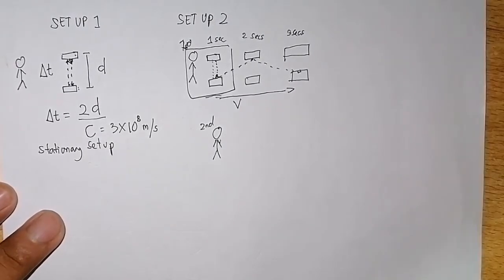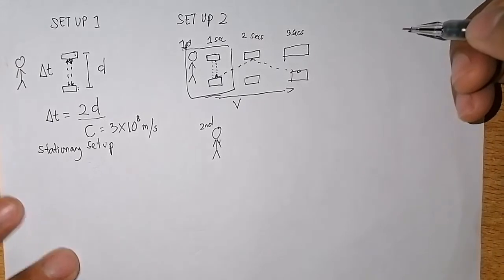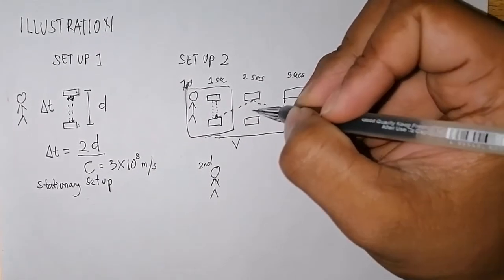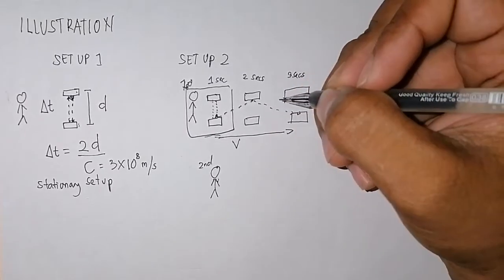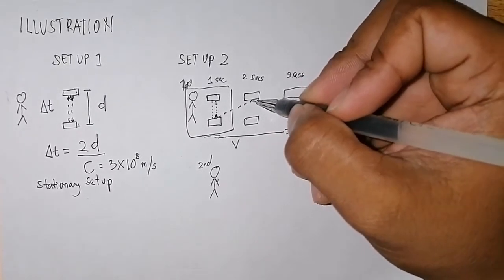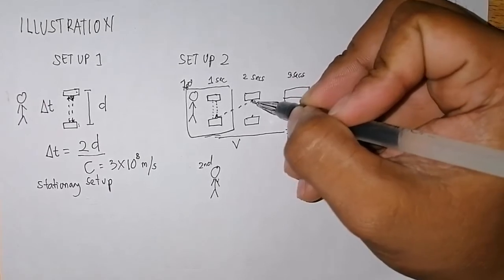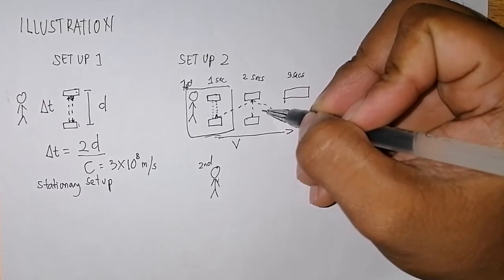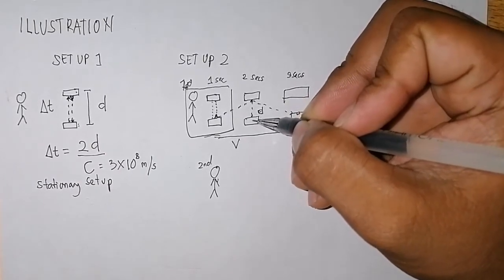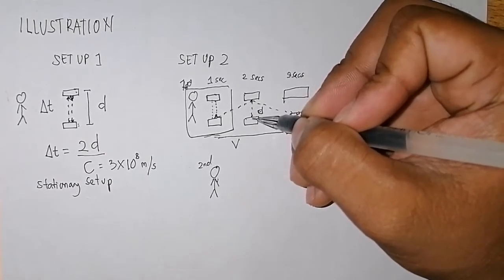So this leads us to the understanding that we can create a right triangle out of this illustration. You see, considering that this distance here is d, this is a distance.